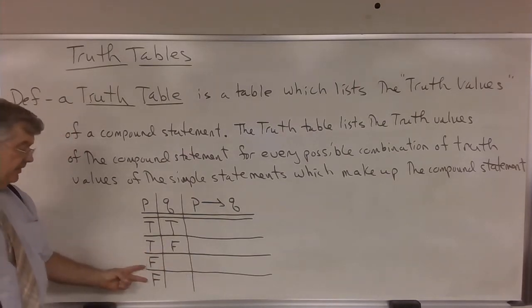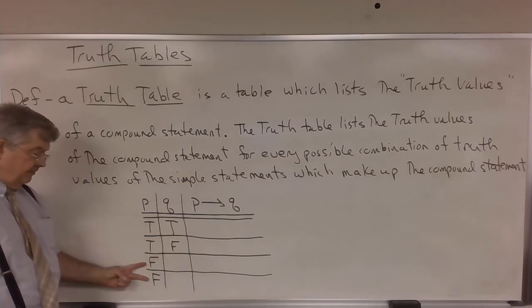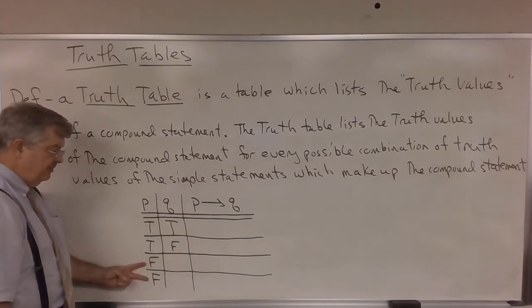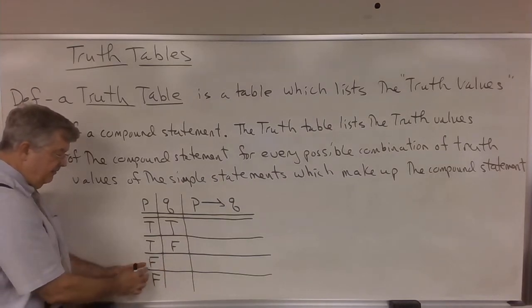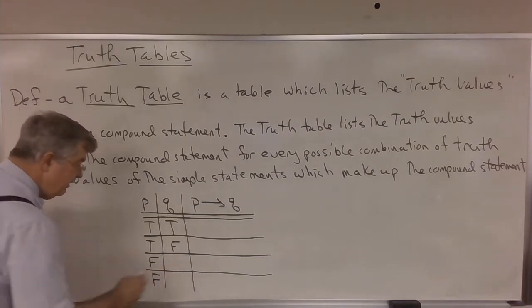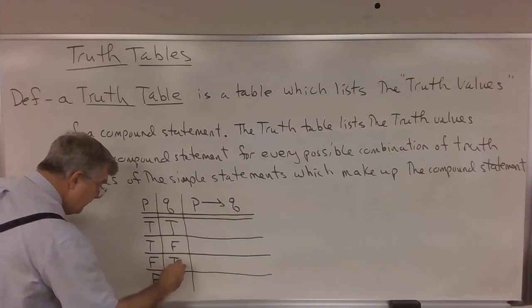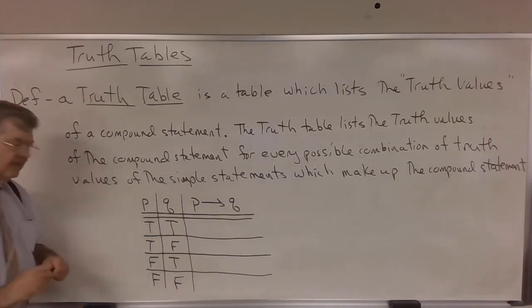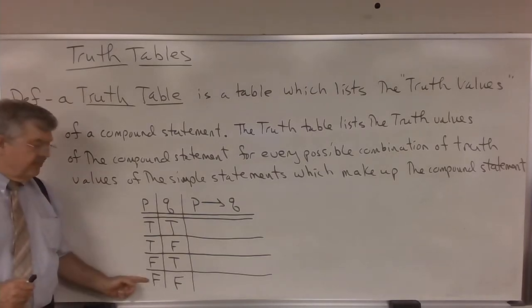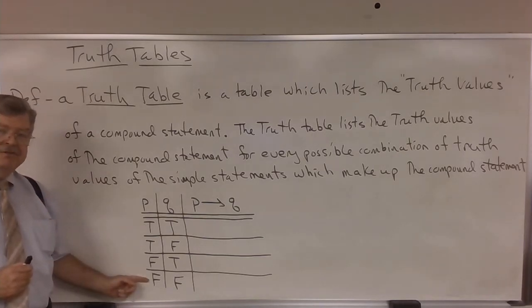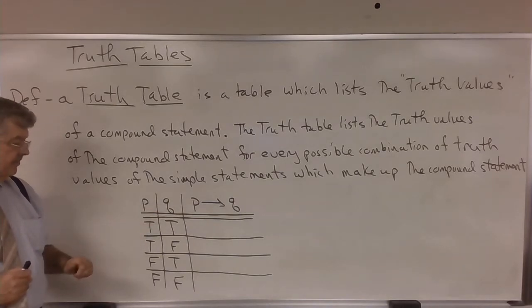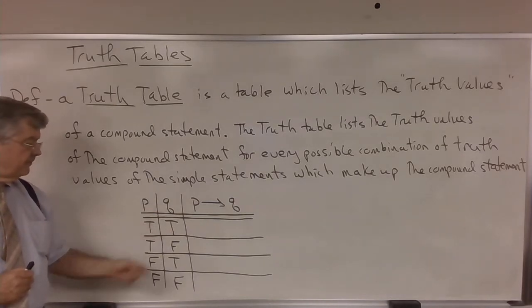Now it's possible that P could be false. And if P is false, there are two possibilities for Q. If P is false, either Q can be true or Q can be false. These are all of the possible combinations of truth values of the statements P and Q. They can both be true.